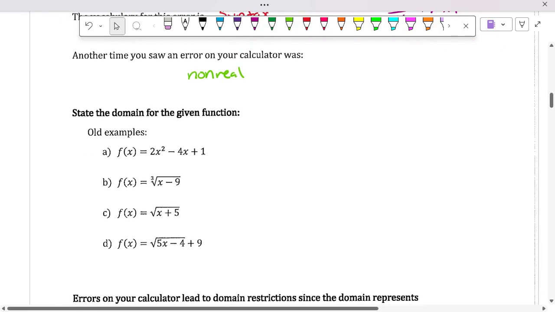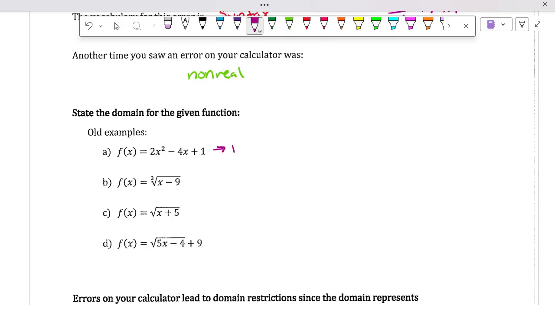So very quickly, let's just review the domain for each given function. The first function is quadratic. What's always the domain for a quadratic? All real numbers. What about this next one? It's a cube root. All real numbers.